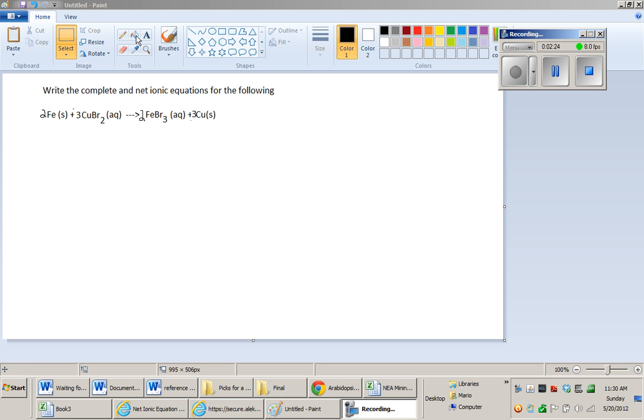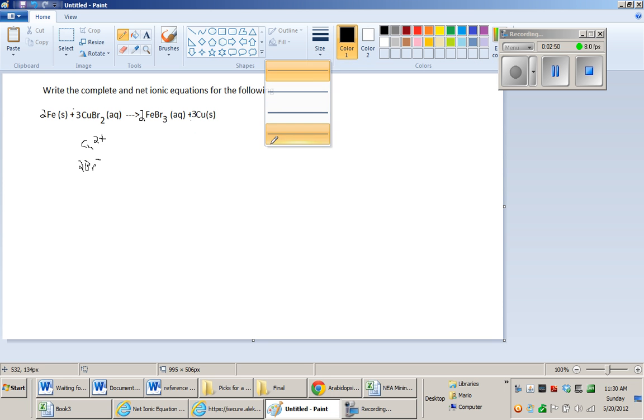So if you were to figure out what chemically this copper bromide is in solution, each copper bromide would resemble a Cu2+ ion and 2 Br- ions. So that's for each copper bromide.